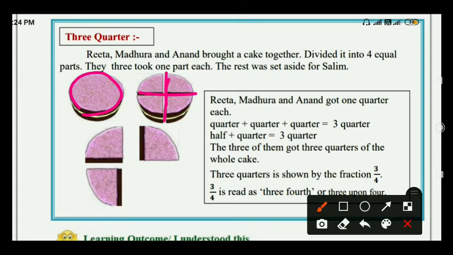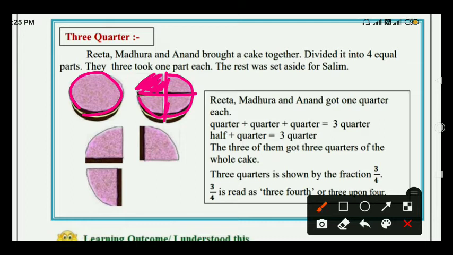They three took one part each. Madhura got this part, Rita got this part and Anand got this part. The rest was set aside for Salim, and this remaining part is for Salim.